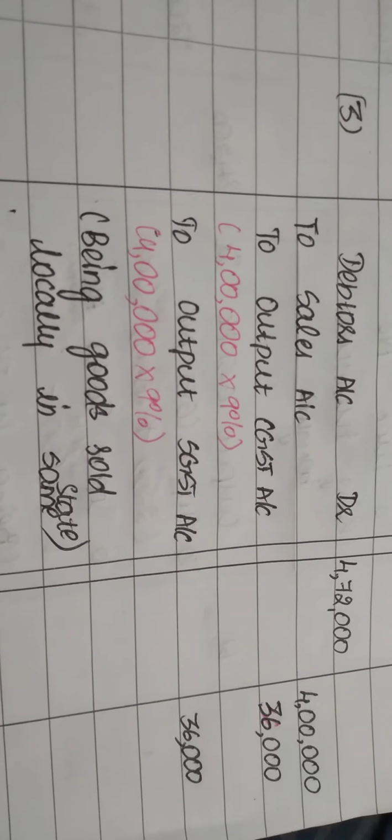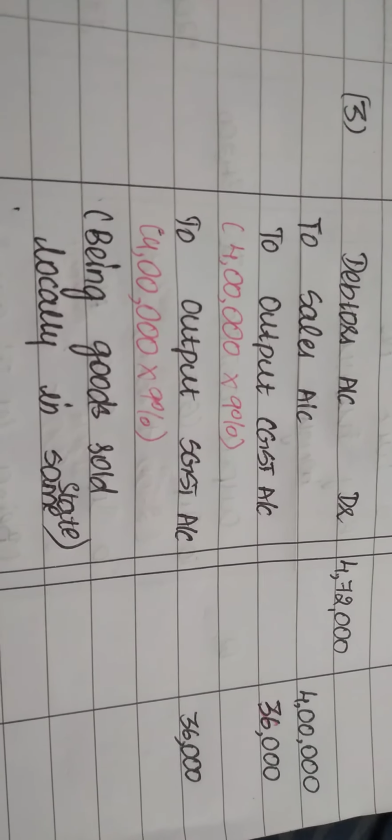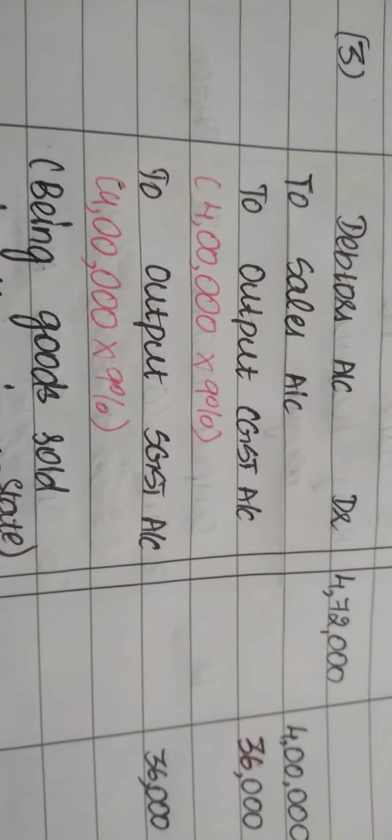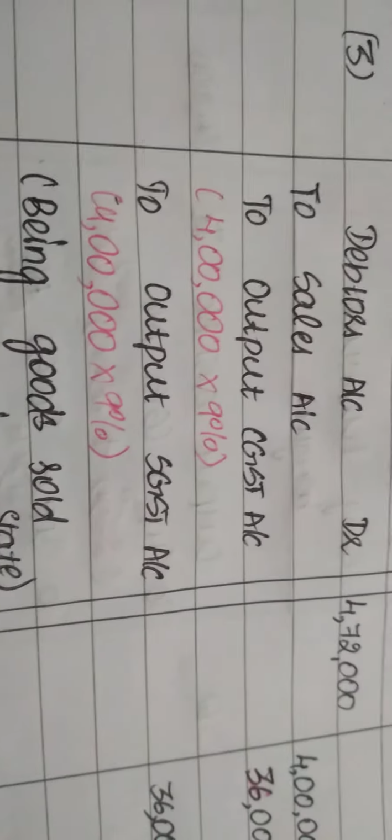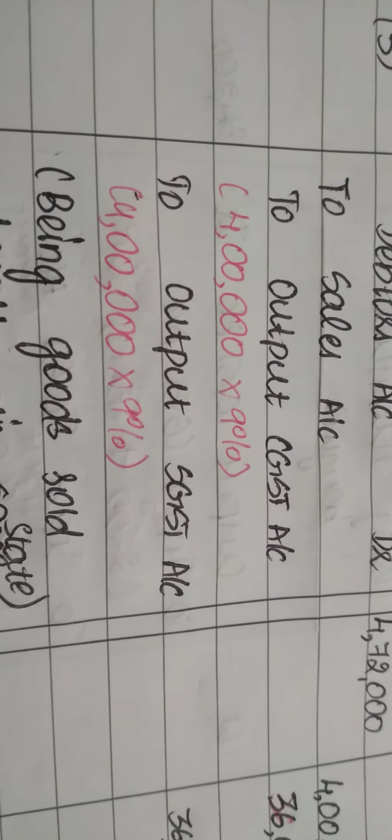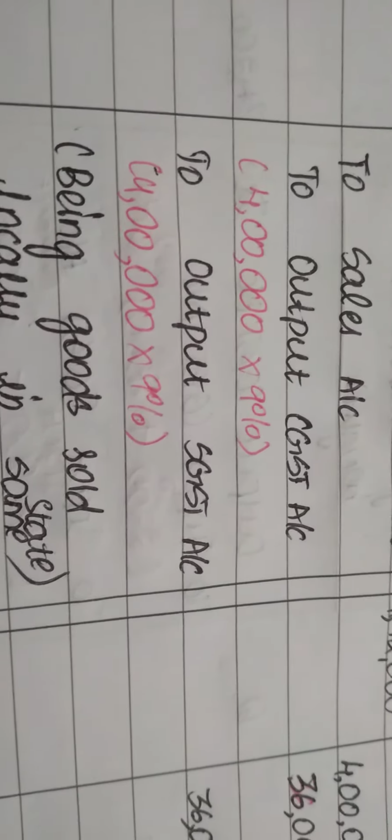Next is sold goods for rupees 4 lakhs locally on credit. Locally means it is sold in the same state. So debtors account debit, the amount to come, to sales account. It was sold for 4 lakhs. Since it is in the same state, CGST and SGST is applicable.